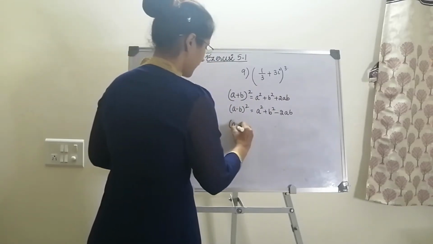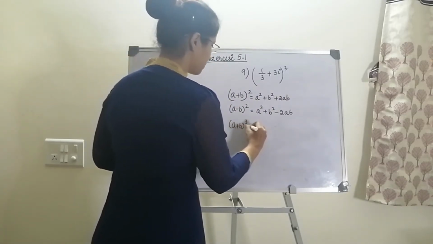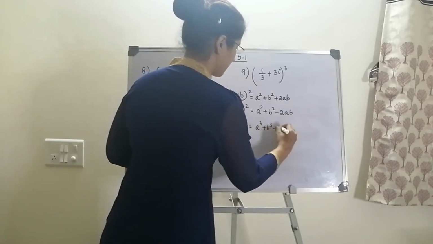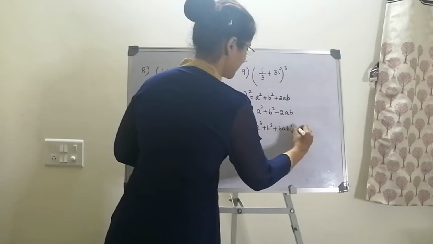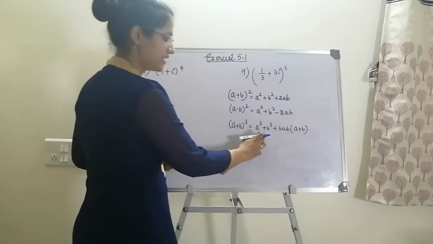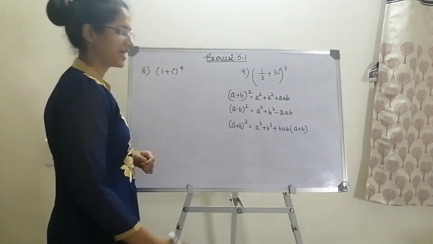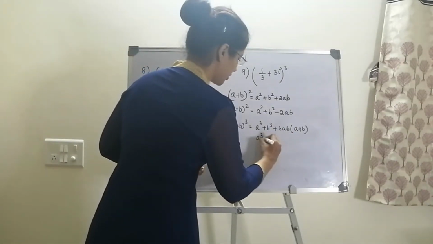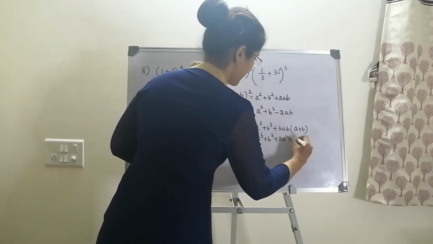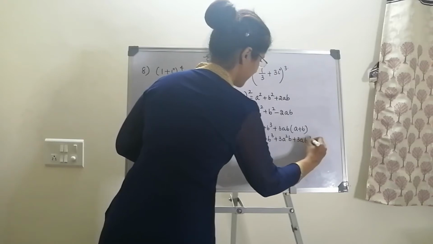Then a plus b the whole cube is equal to a cube plus b cube plus 3ab into a plus b. If you are finding this identity difficult, I will expand the bracket to get it in terms of a cube plus b cube plus 3a square b plus 3ab square.